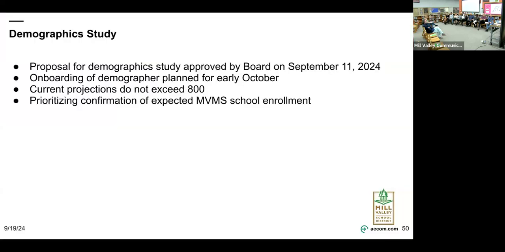So the demographer is scheduled, it came to the board. We will, or the district will, onboard them in October. We do have some current projections from the 2021 master plan that we'll share with you that have never exceeded 800 students at the site. And we're going to prioritize that confirmation of the school enrollment.